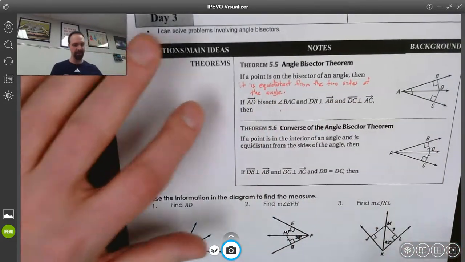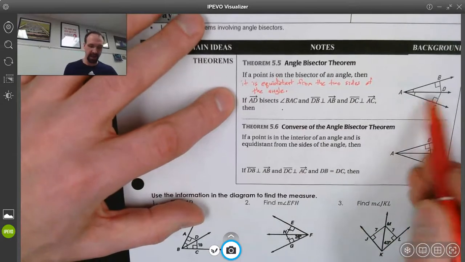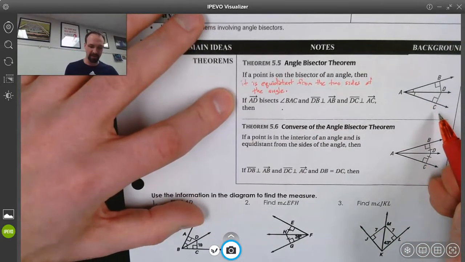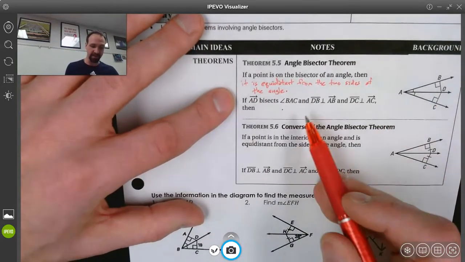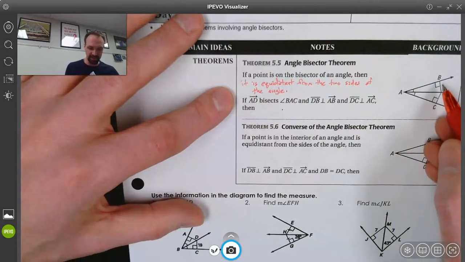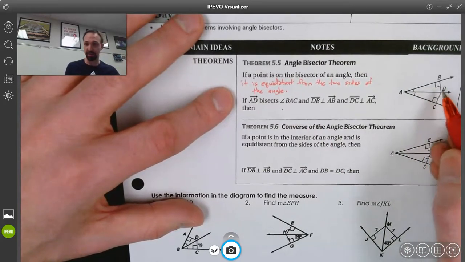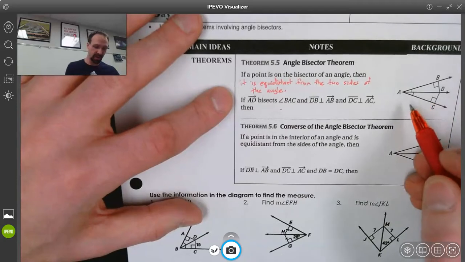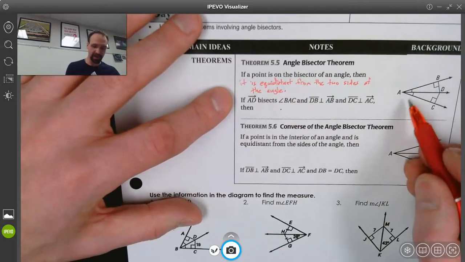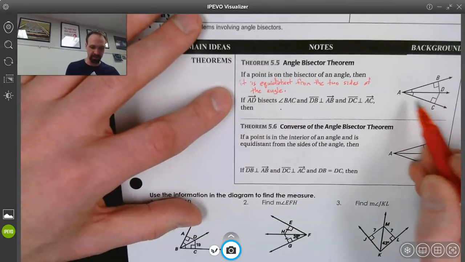So here I have ray AD bisecting angle BAC. So that means that DB is perpendicular to AB, and you can see the right angle mark to show that. And that DC is perpendicular to AC.